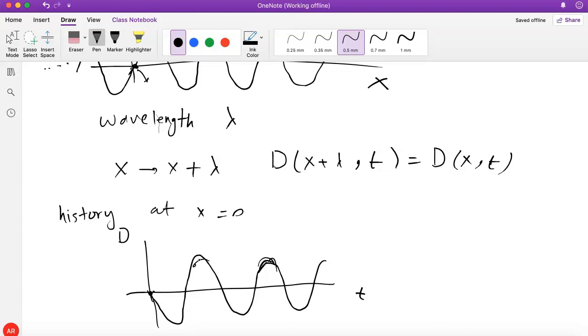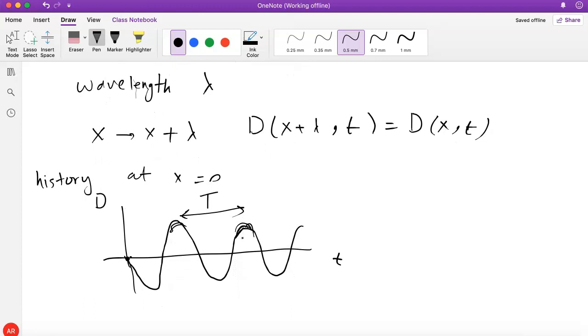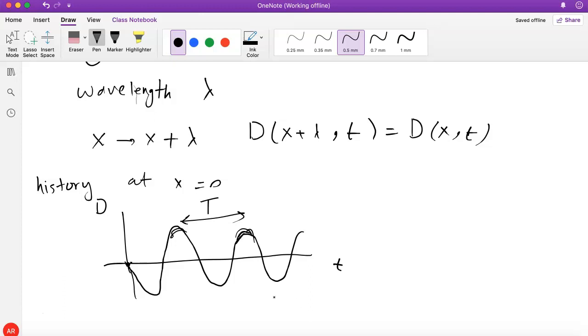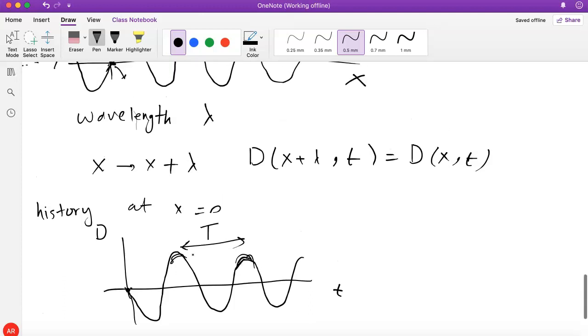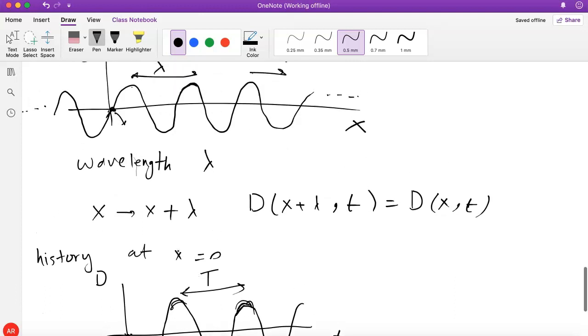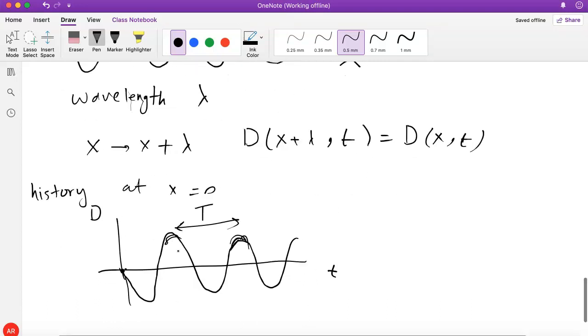So the distance from peak to peak, the periodicity in time for this function of time, is the period, capital T. But these two things are not independent. Let's say it takes a time T for a distance lambda to go through.